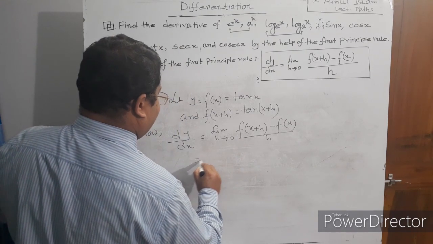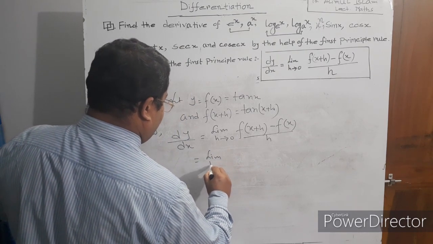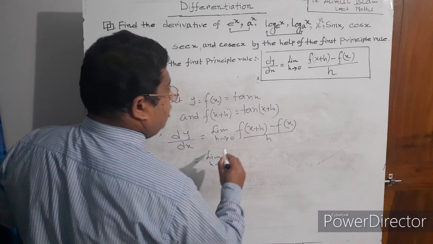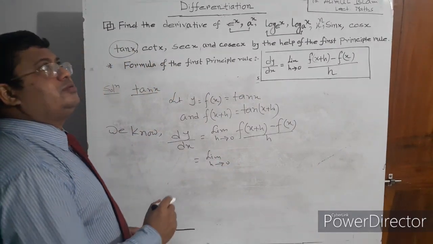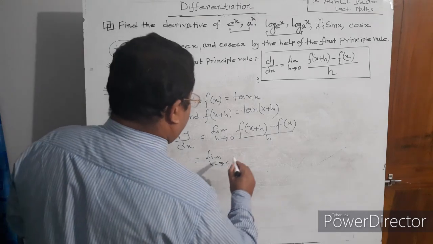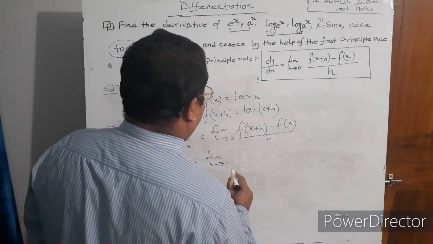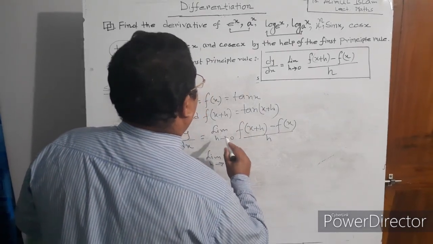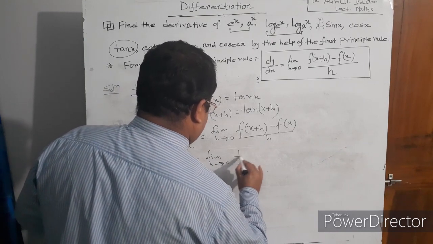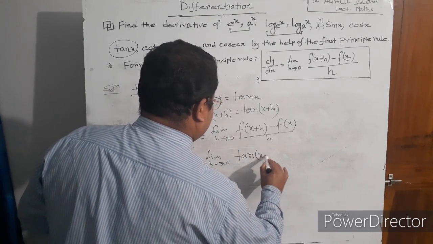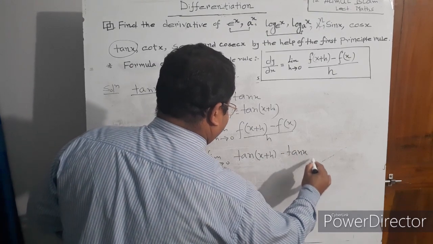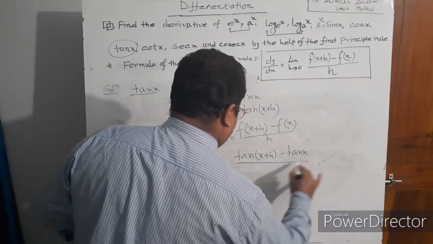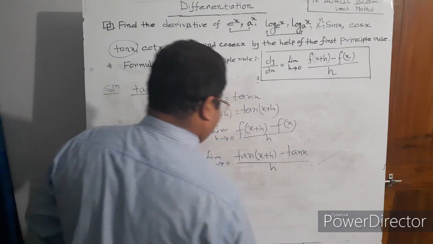Then you write limit h tends to 0, function of x plus h. Then you write function of x plus h, tan(x plus h) minus tan x divided by h. Clear?